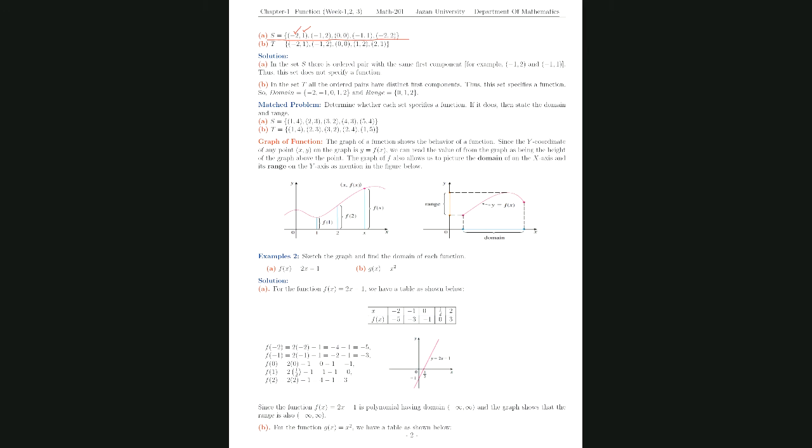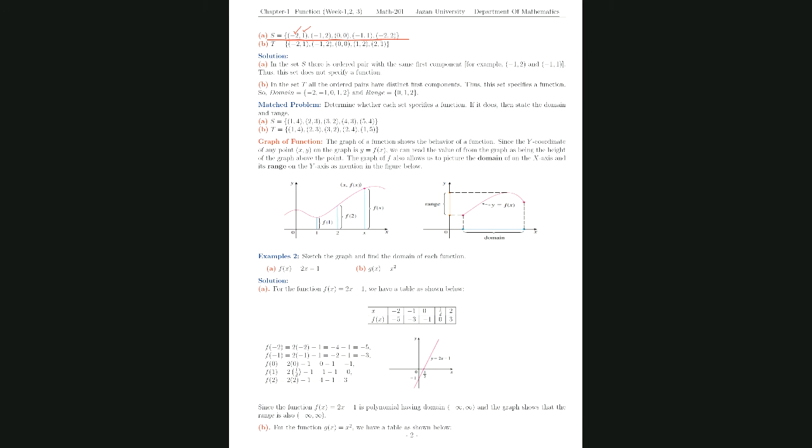This set S. The first element is the input and the second element is the output. The first element is X and the second element is Y, the output. Now look over here. Okay, so now look.